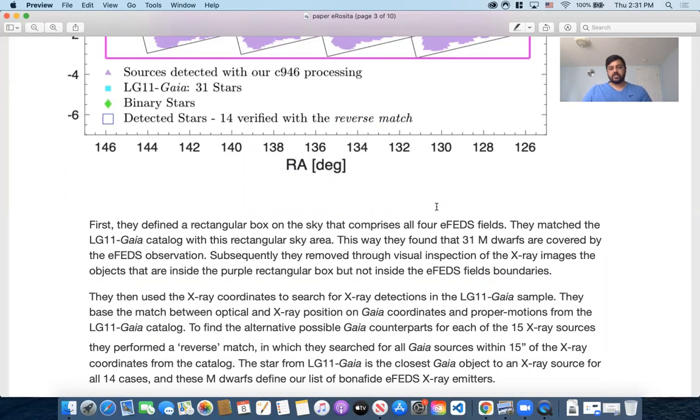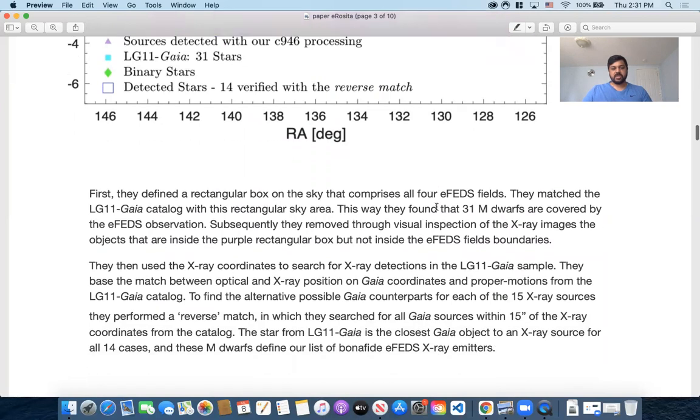Subsequently, they removed by visual inspection of the X-ray images the objects that are inside the purple rectangle, but not inside the eFEDS field boundaries. They used the X-ray coordinates to search for X-ray detections in the LG11 Gaia sample.